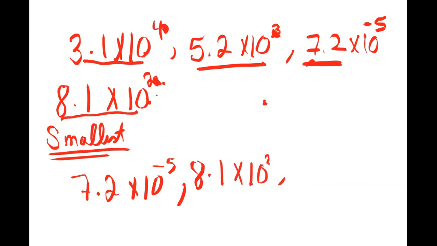Then I will look for the bigger a little bit. I have here 5.2 times 10 power of 3. So it will be 5.2 times 10 power 3. Then the last one is the largest power is 3.1 times 10 power of 4.